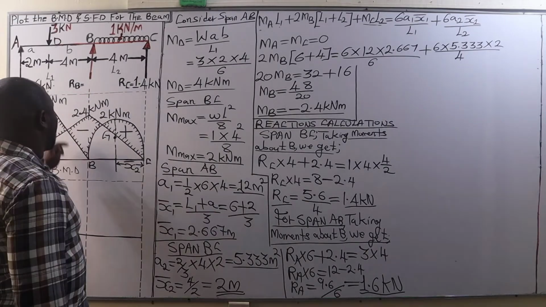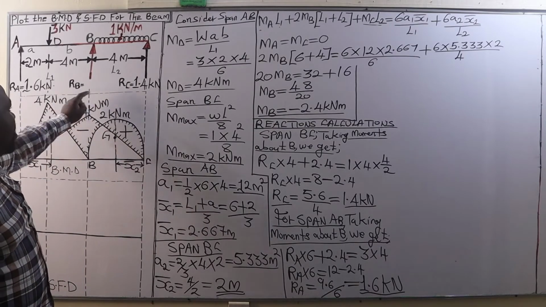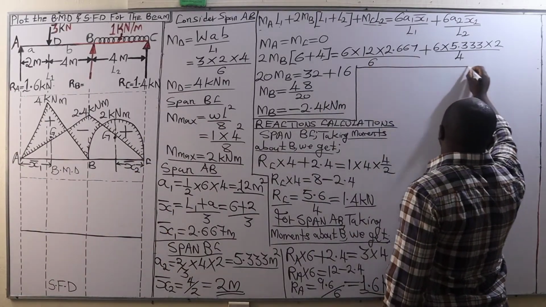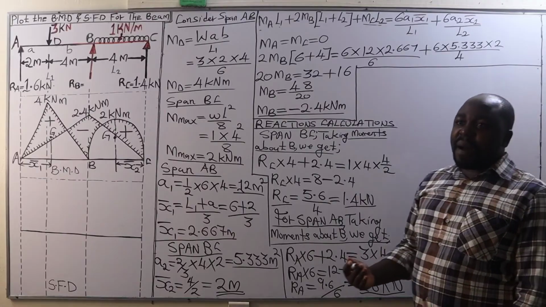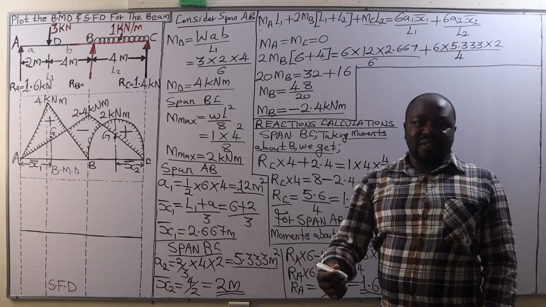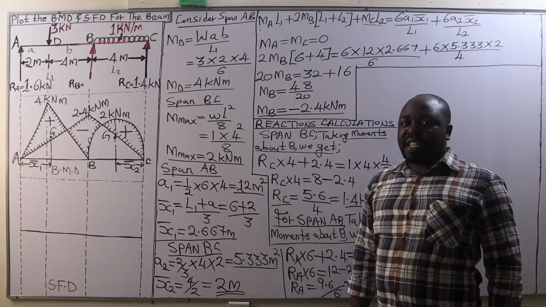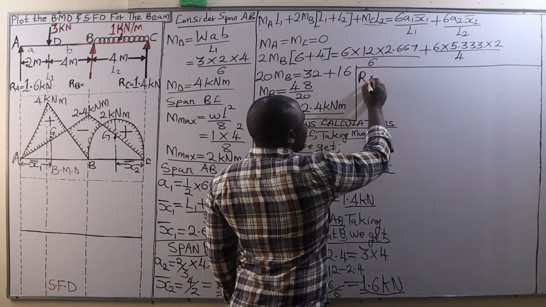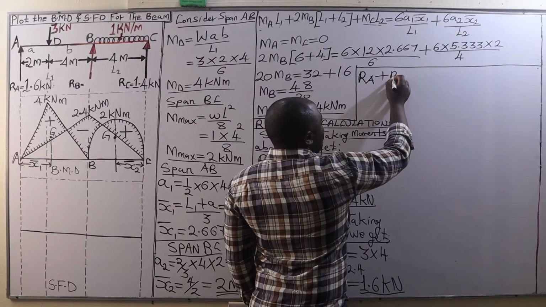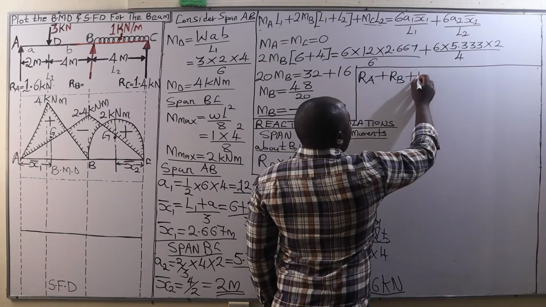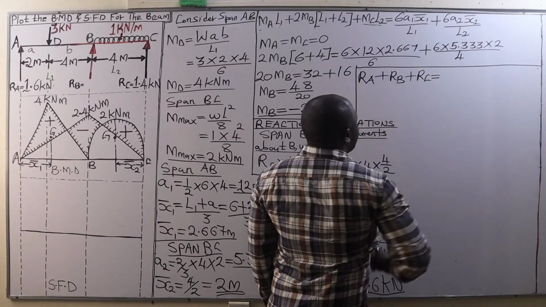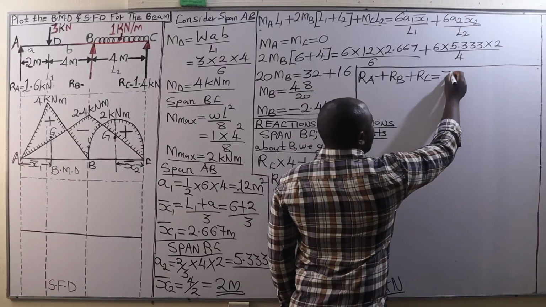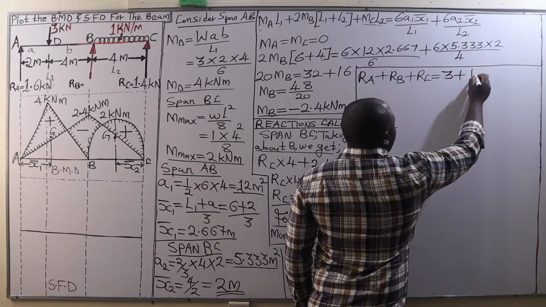So we come here at the support A and we write that reaction, 1.6 kilonewtons. We are remaining with the reaction at B, and for us to get the reaction at B, we are going to say that the sum of all the upward acting forces must be equal to the sum of all the downward acting forces. And therefore, we have reaction at A plus reaction at B plus reaction at C, which will be equal to the downward acting forces, 3 kilonewtons, the load at D, plus a UDL of 1 kilonewton per meter.